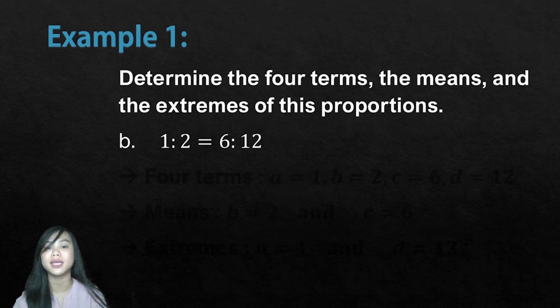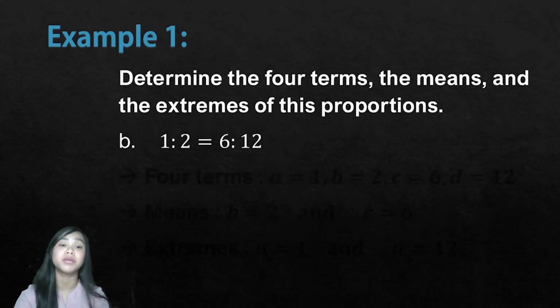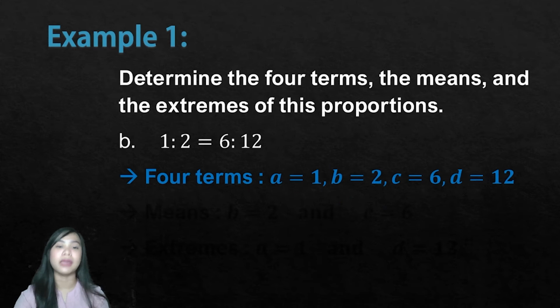So this is an example of proportion. What are the four terms? A equals 1, B equals 2, C equals 6, and D equals 12.